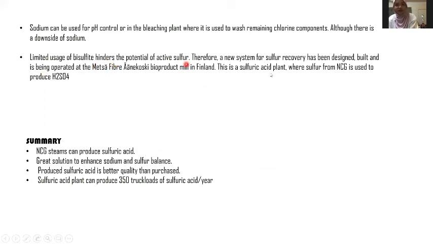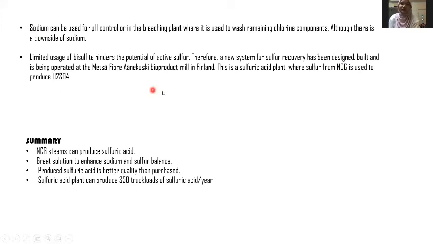Therefore, a new system for sulfur recovery has been designed, built, and is being operated in the Metsä Fibre Äänekoski bioproduct mill in Finland. This is a sulfuric acid plant where sulfur from NCG is used to produce H2SO4, or sulfuric acid.